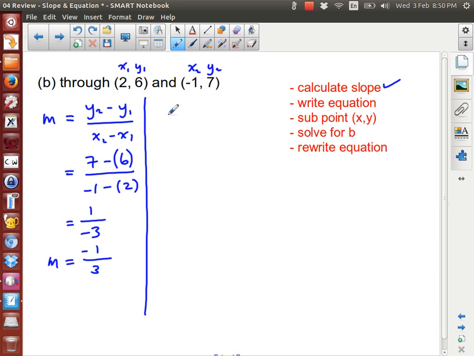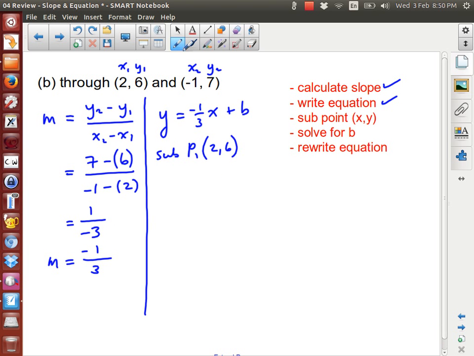Calculated the slope. Now I'm going to write my equation. y equals negative 1 over 3 multiplied by x plus b. Sub a point, so I'm going to sub the point P1, which is 2, 6.